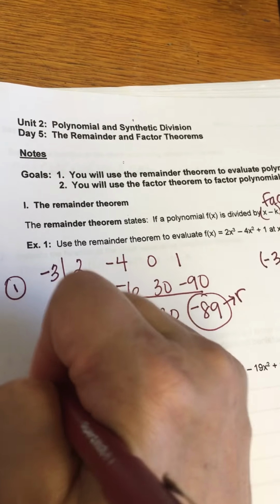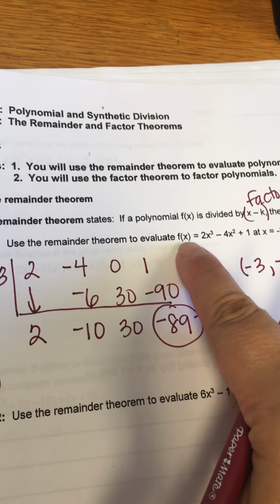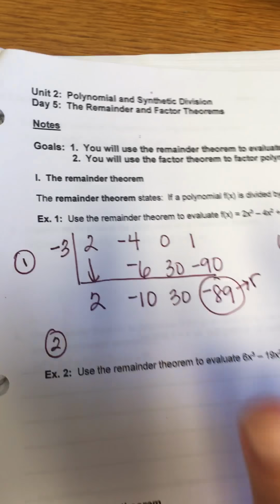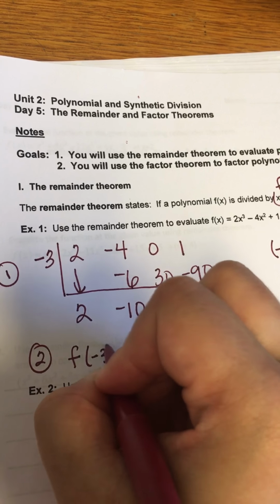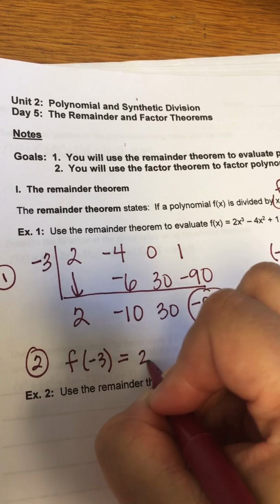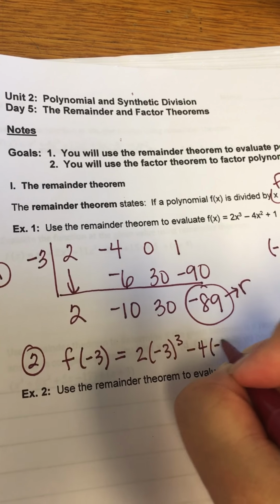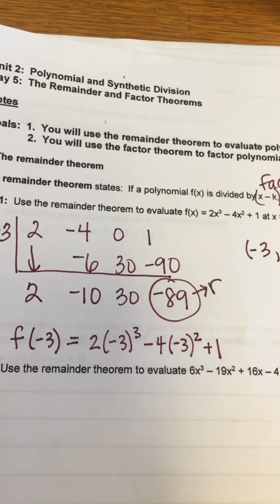A second option, you can also go to the function, so 2x cubed minus 4x squared plus 1. And you plug in -3. So f of -3 is 2 times -3 cubed minus 4 times -3 squared plus 1. So plug it in just like you would any other one.